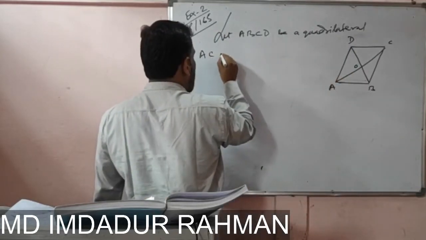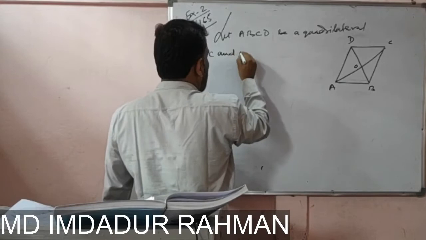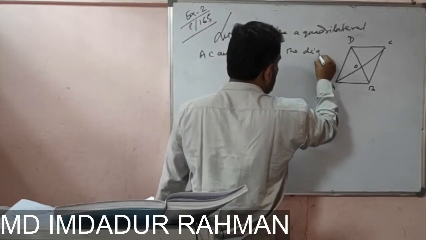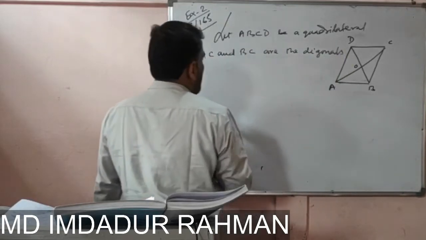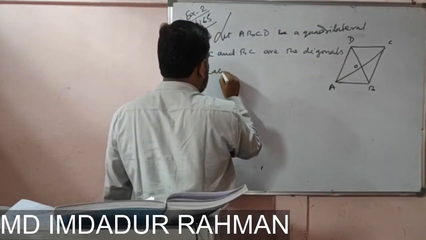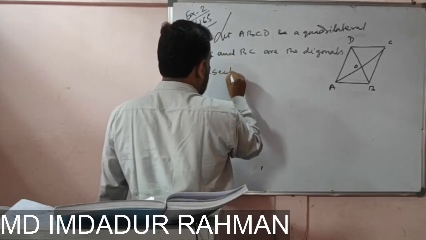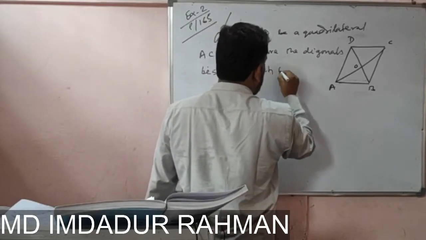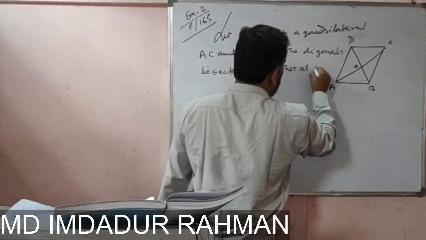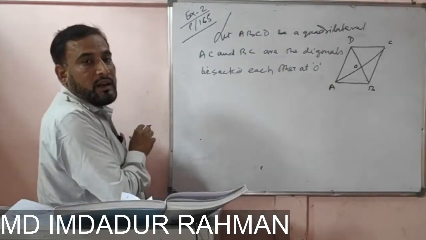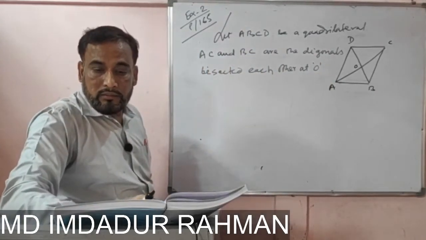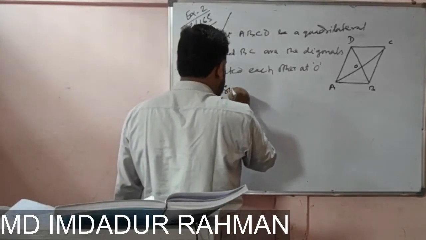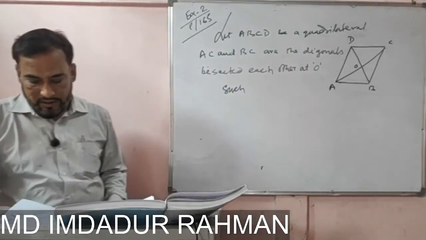AC and BD are the diagonals bisecting each other at O, such that they are at right angles. Given such that, what will we write?